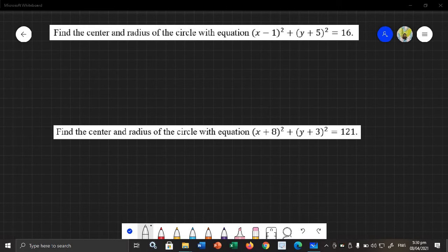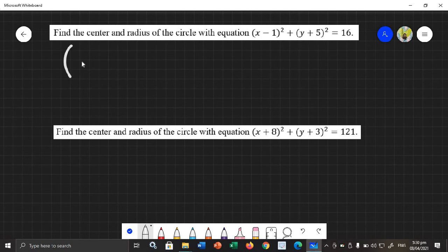So there is a short method that I am going to teach you. So example number 1, we will be finding the center and radius of the circle with equation quantity x minus 1 squared plus quantity y plus 5 squared equals 16. So I'm just going to rewrite the equation.